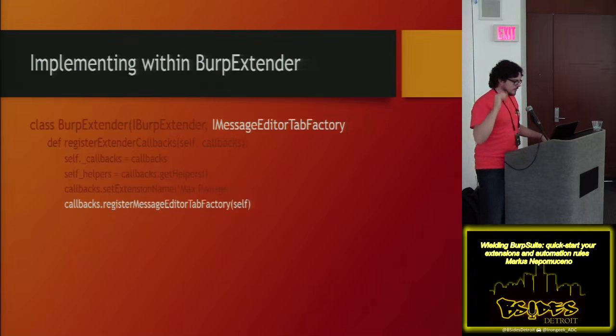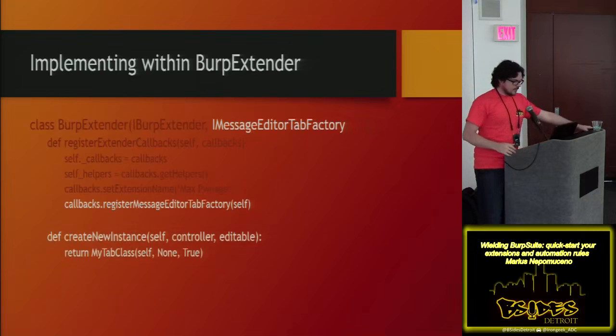There are two interfaces that you require for creating a custom tab. One is the IMessageEditorTabFactory. One is the IMessageEditorTab. That's just how the API does it. You need a factory at the top level, and the factory actually creates the tab. You'll see how it works. Then still within our BurpExtender class, you define createNewInstance and pass it those three variables.